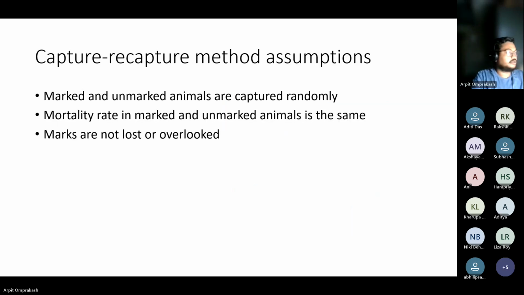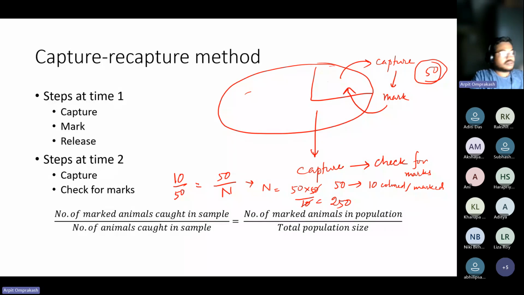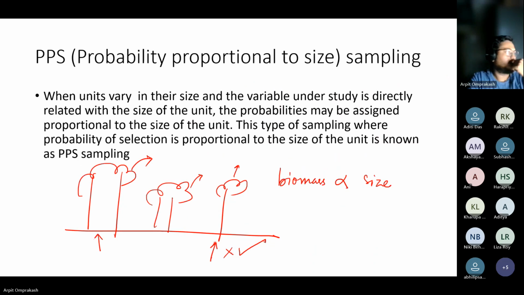Okay, so we have a question. In PPS, if a greater unit is picked, then more time is required for the study, leading to exposure of less variety. Can you elaborate what you mean exactly, Rakshit?